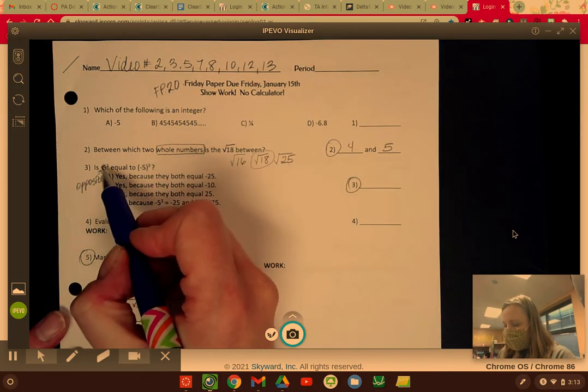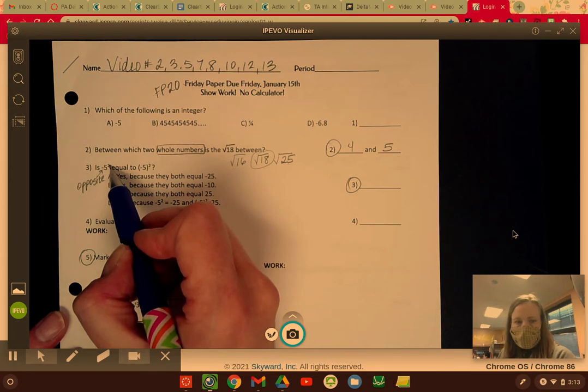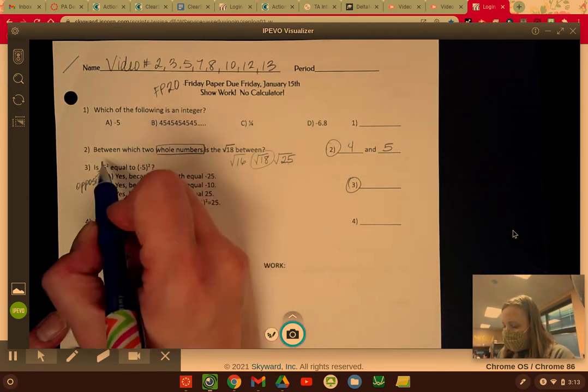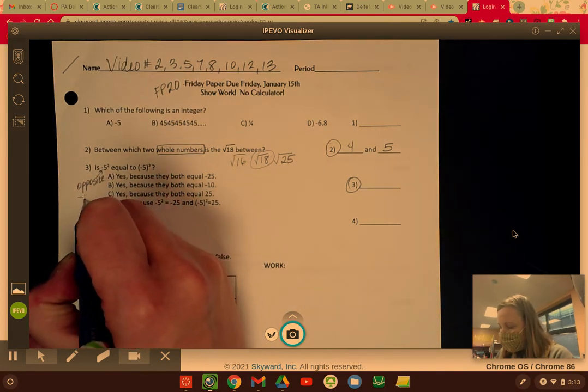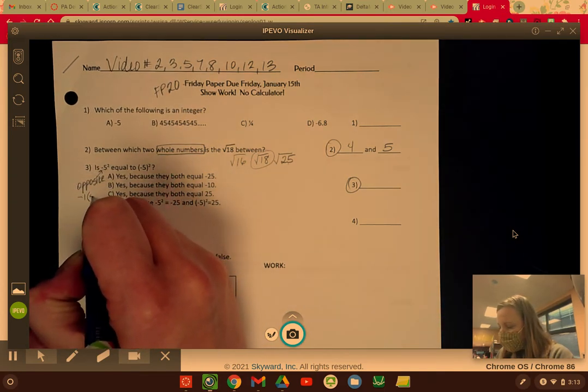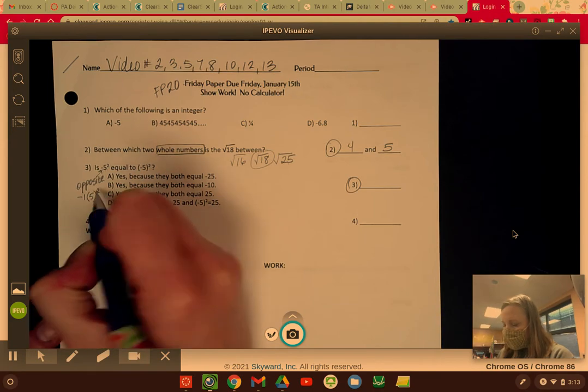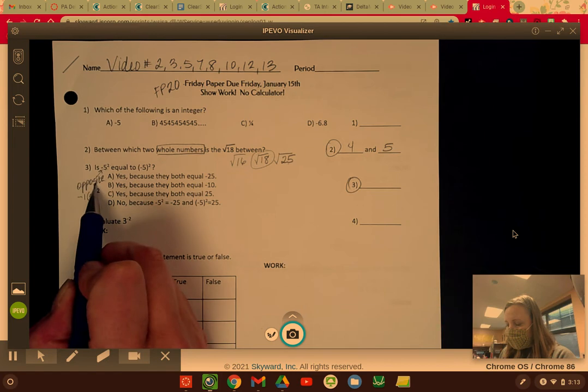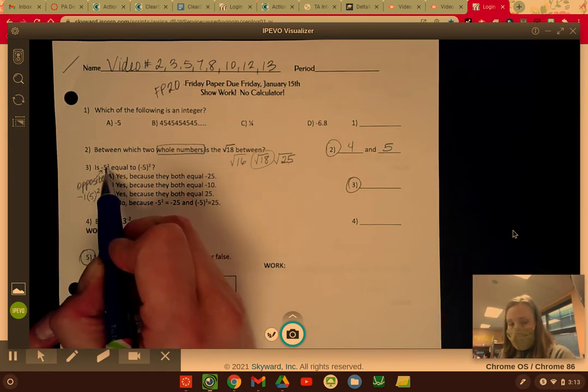So it's the opposite of 5 squared. That's also kind of like saying negative 1 times 5 squared, right? Because when you multiply by a negative 1, that gives you the opposite of that number.